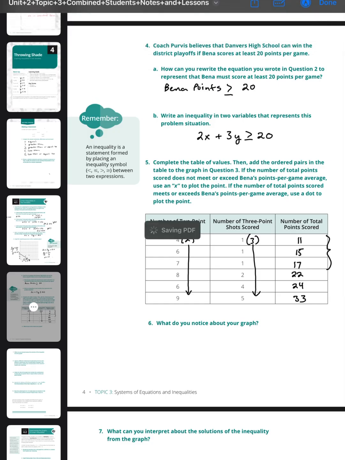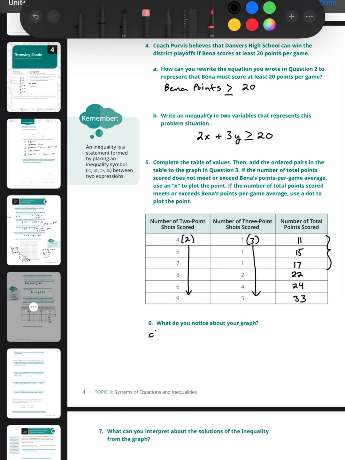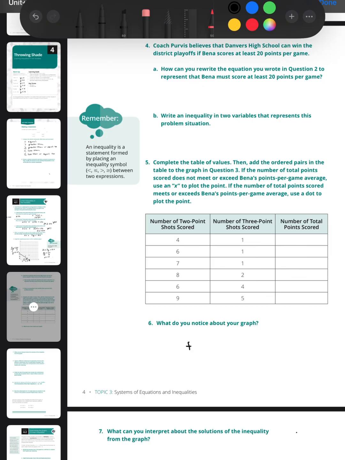So what do we notice about the graph? It'd say all the points that exceed the 20. Well, if you did not get that, just rewind the video. I hit the delete button on accident again. I'm going to rewrite for number 6.